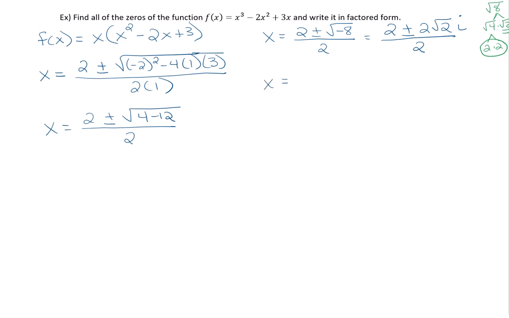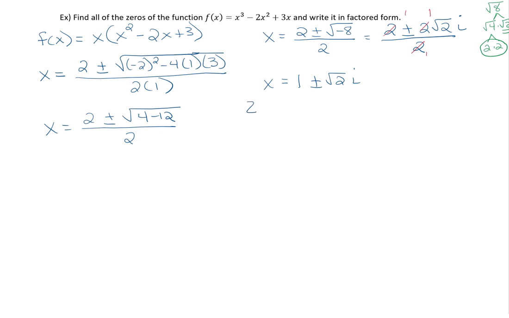We can also divide everybody by this common factor of 2. And notice everybody has to be divided by the same number. And that leaves us with 1 plus or minus the square root of 2 i. Also notice that the i is not underneath the radical.